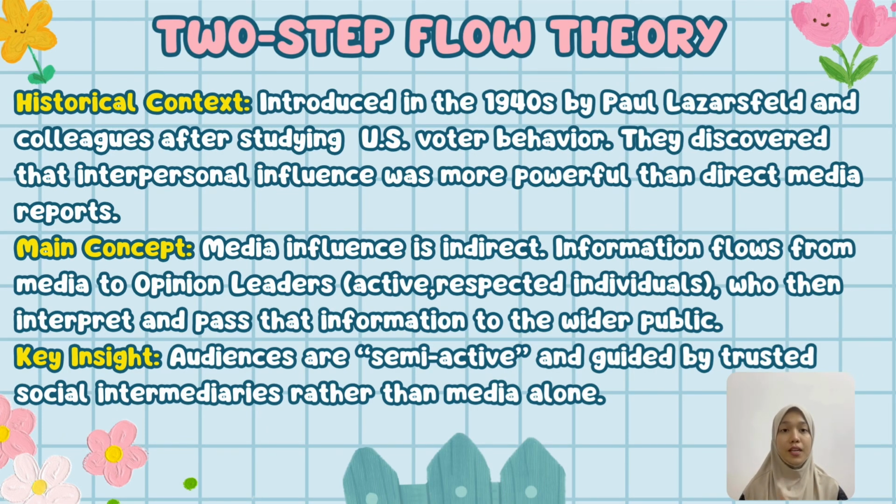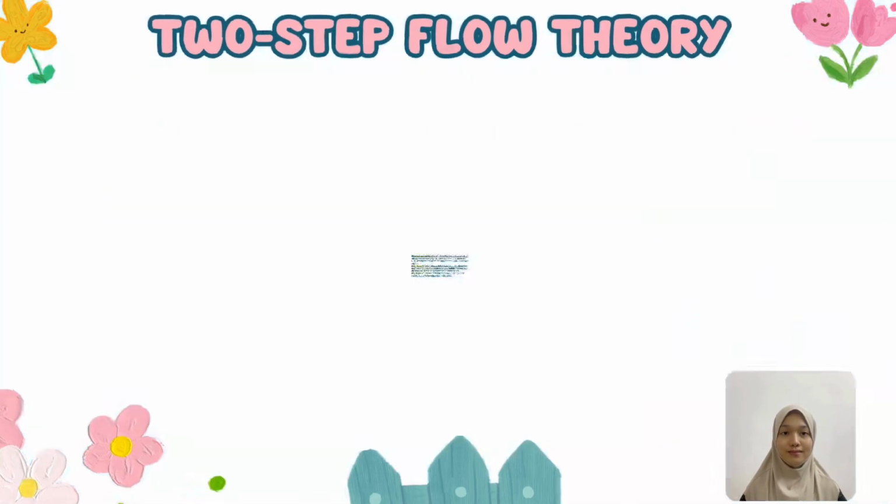First, from the media to opinion leaders, and then from these leaders to the public. In Malaysia, we see this clearly during elections. Rather than just following news reports, many Malaysians look to social media influencers, academics, or religious leaders to help them interpret political platforms and decide how to vote.